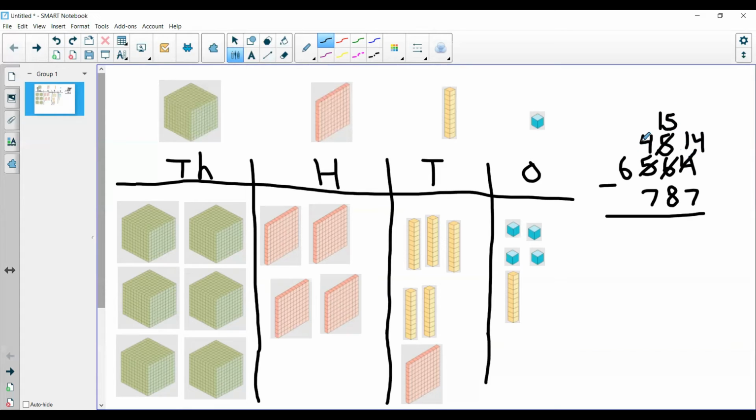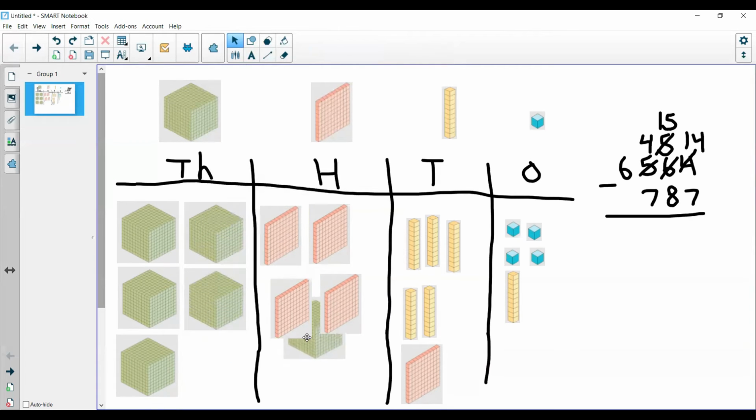Next, I'm going to look at my hundreds place value. In my hundreds place value, I have 4 minus 7. But I can't do that because 4 is less than 7. So I need to go to my neighbor, the thousands, and regroup. I'm going to take 1,000 and regroup that for 10 hundreds.